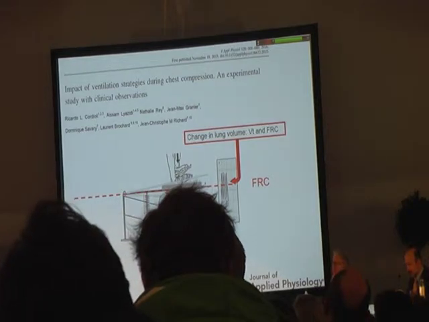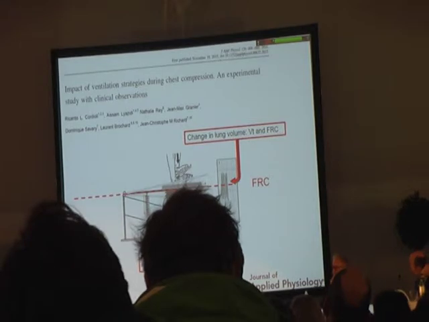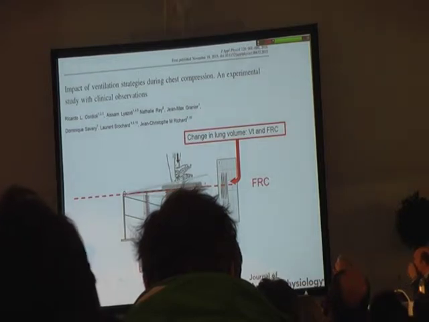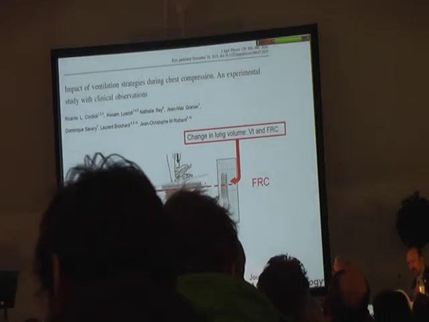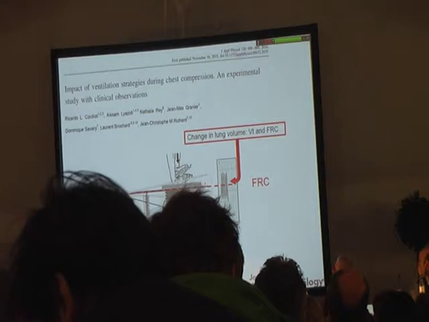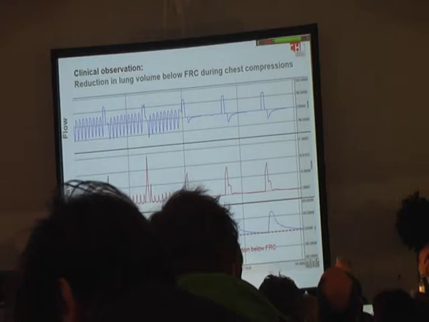We recently reported in the Journal of Applied Physiology a discussion of the concept of ventilation during CPR, based on a very simple bench model specifically designed for CPR, completed by clinical observation. We can summarize our findings with these two following slides.